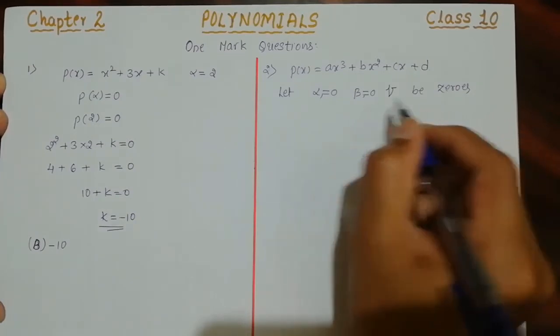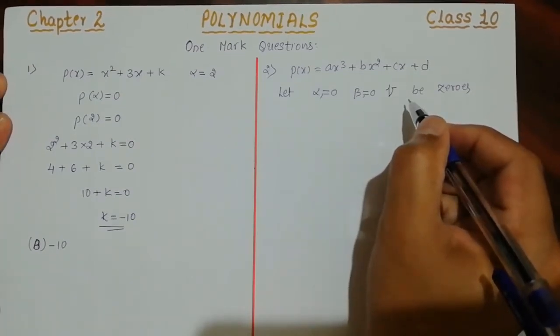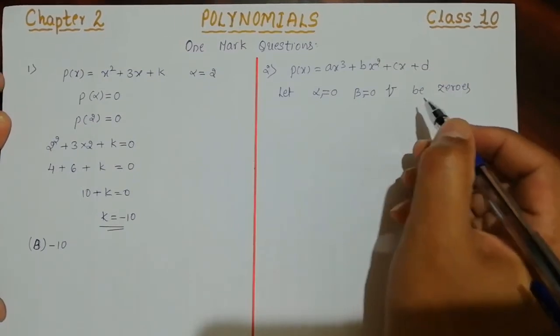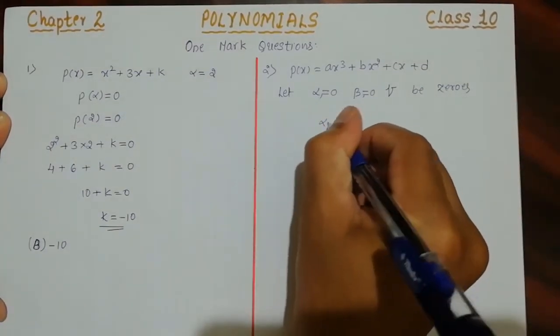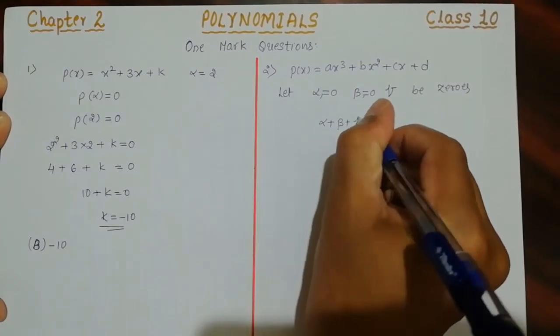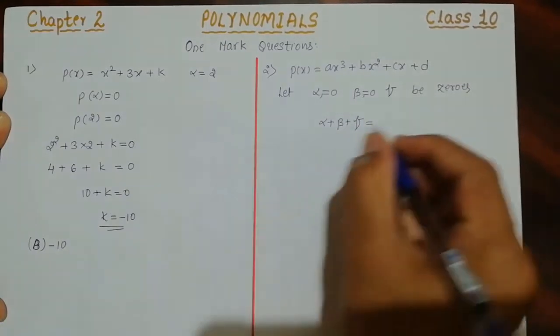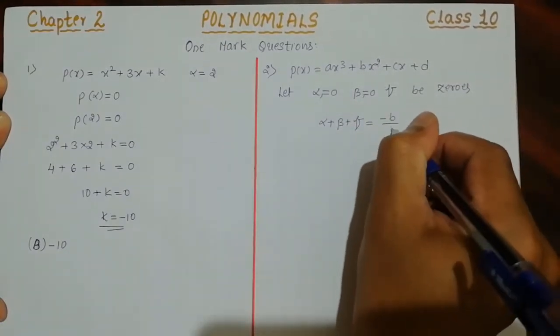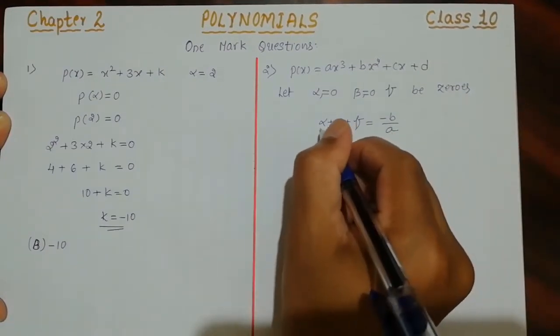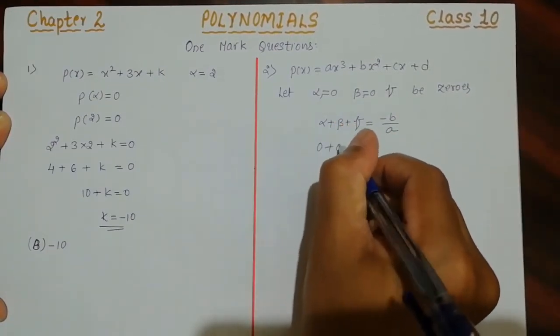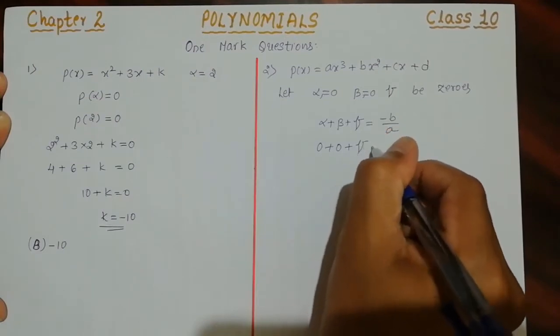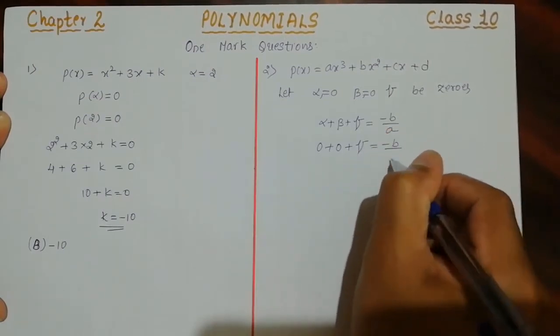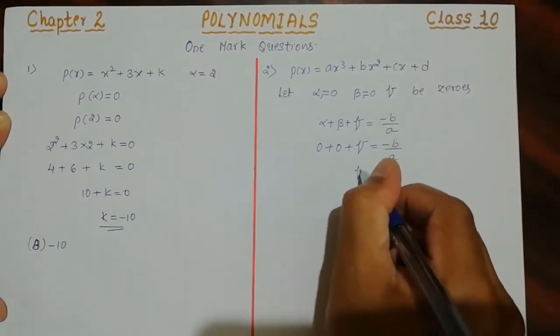For this one it's very easy, you will get the correct answer only when you consider the sum of zeros. Look here, the sum of zeros is alpha plus beta plus gamma, and it is equal to minus b divided by a. Alpha is 0, beta is 0, so the left hand side becomes just gamma.